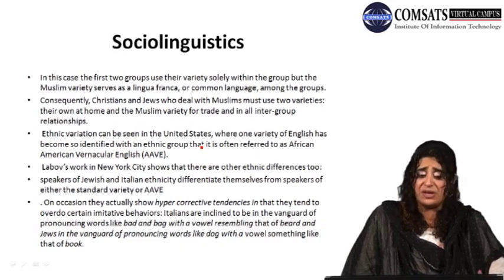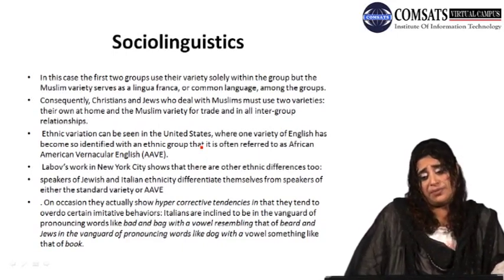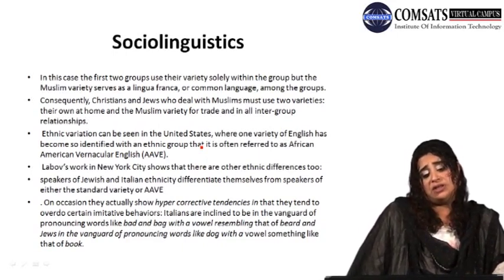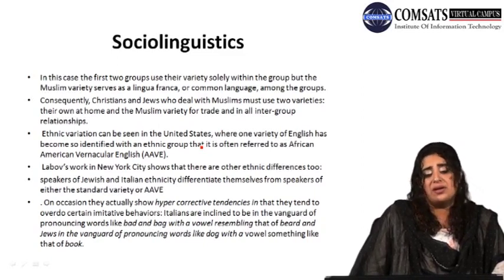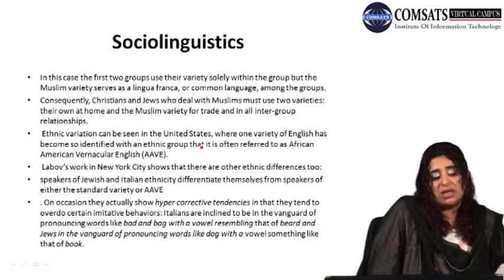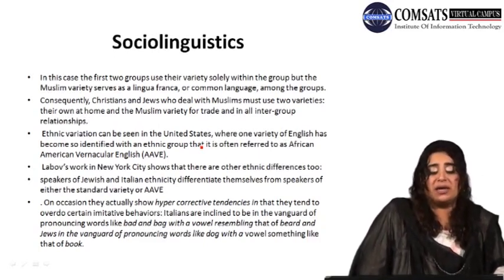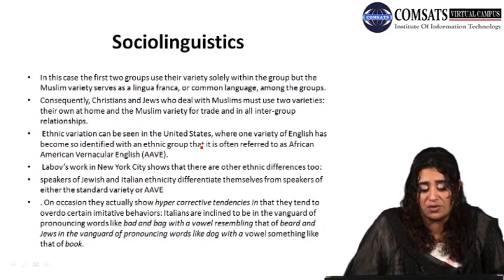So ethnic variation can be seen in the United States, where one variety of English has become so identified with an ethnic group that it is often referred to as African American vernacular English. Labov's work in New York City shows that there are other ethnic differences too.